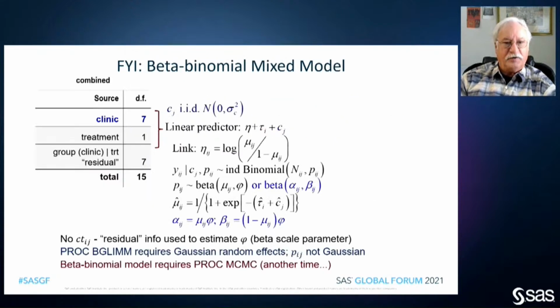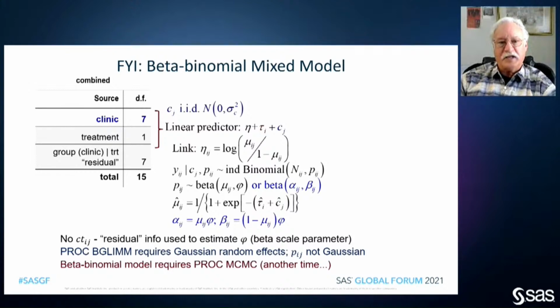I should say that there is an alternative way of modeling this. We're not going to talk about it here because doing so requires PROC MCMC, and we're going to reserve that for another time. But you could model this by saying clinics have the same IID normal distribution that we talked about earlier. But instead of having a clinic treatment effect in the linear predictor, you could model the probability as varying at the unit level according to a beta distribution with a mean of mu sub ij.